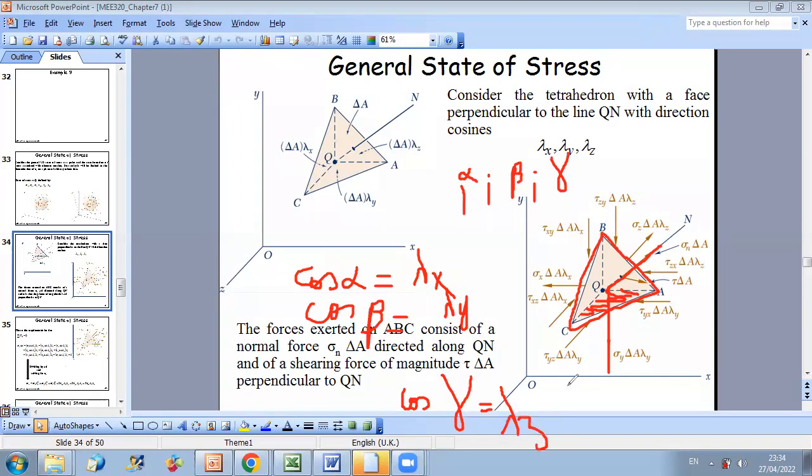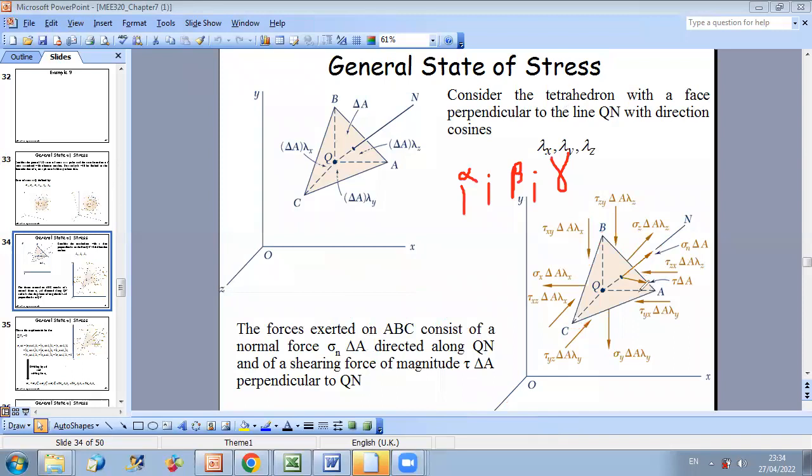So now to obtain this area, it's the area of triangle ABC, delta A, times cosine of beta, and cosine of beta is lambda y. So this area is delta A lambda y.